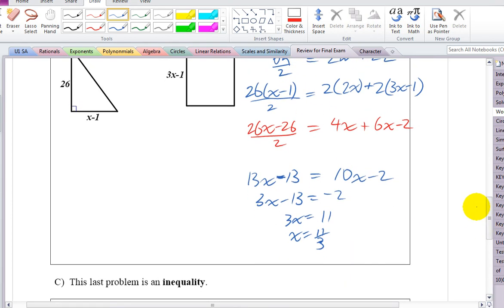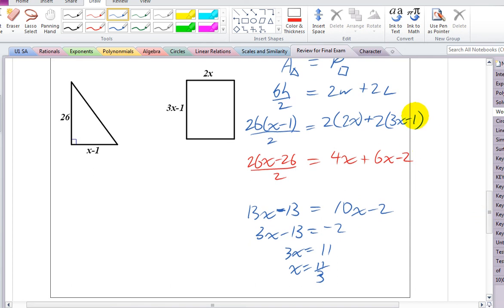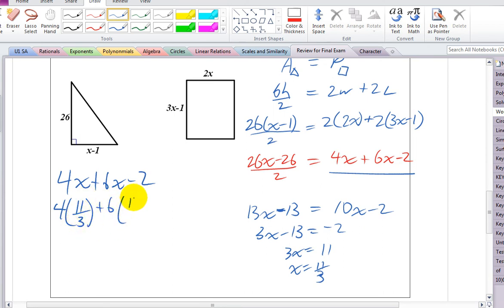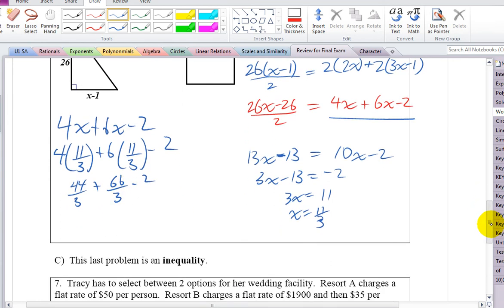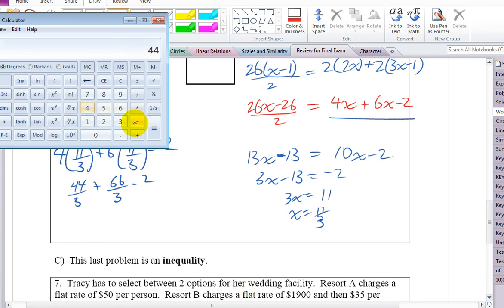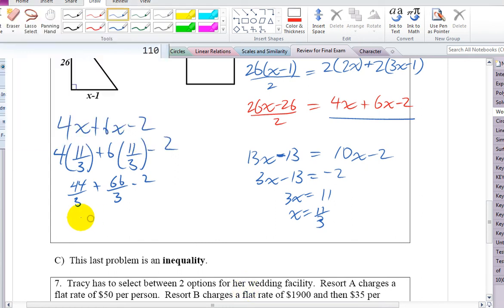Okay, so for the perimeter of the rectangle, I would use this part right here. So 4x plus 6x minus 2, 4 times 11 over 3 plus 6 times 11 over 3 minus 2. So 44 over 3 plus 66 over 3 minus 2. This would be 110 over 3 minus 2.